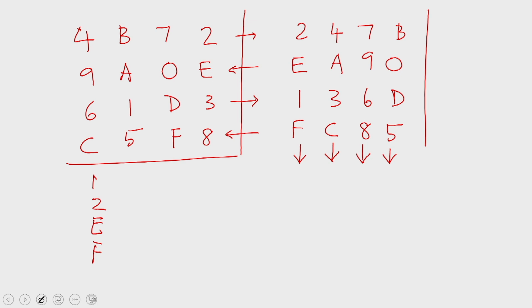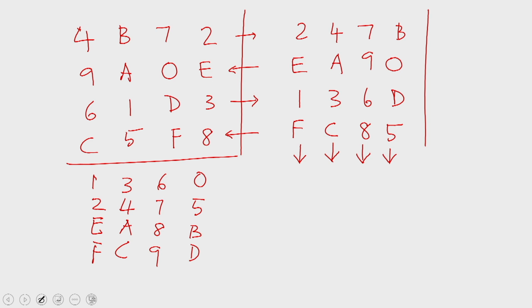The second column is 3, 4, A and C. And the third column is 6, 7, 8 and 9. And the fourth column is 0, 5, B and D. So, here every column is sorted from top to bottom using odd even transposition sort. Therefore, the time taken is the size of the array, which is n, if we consider an n by n mesh.